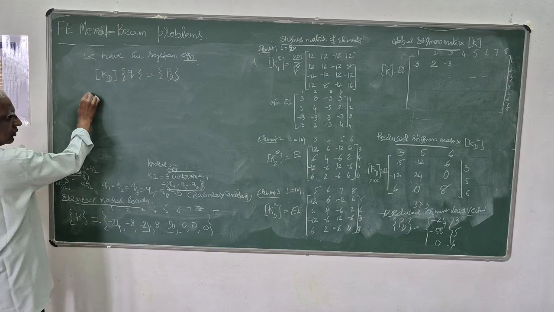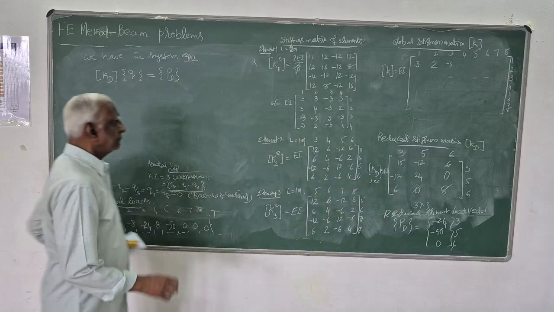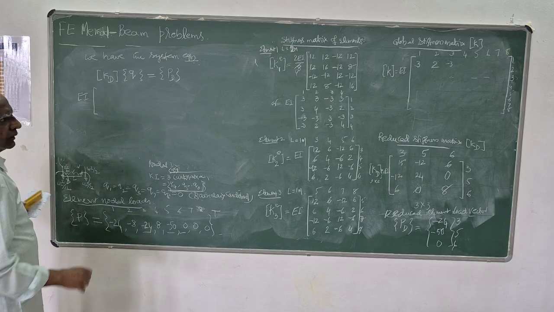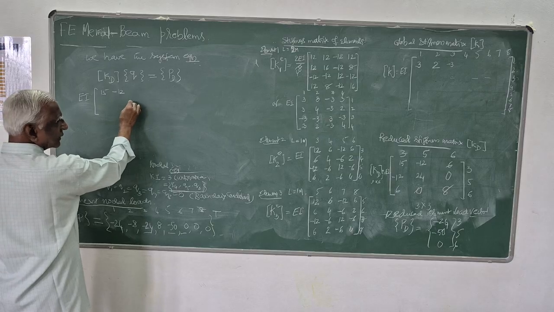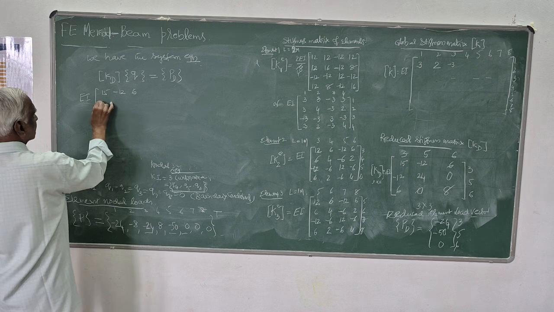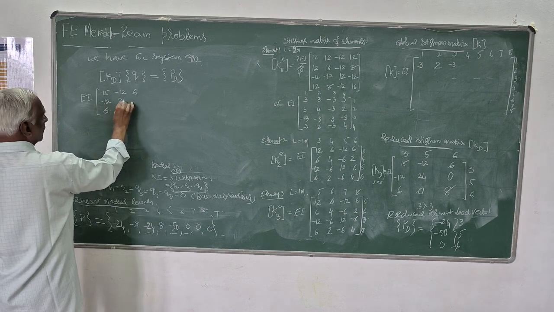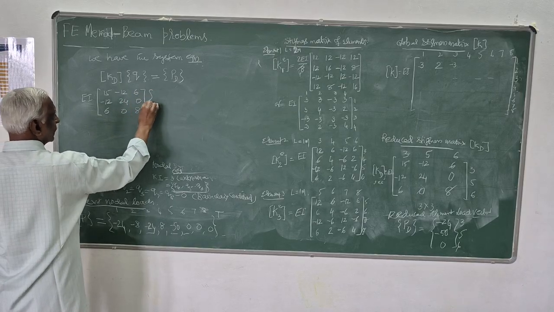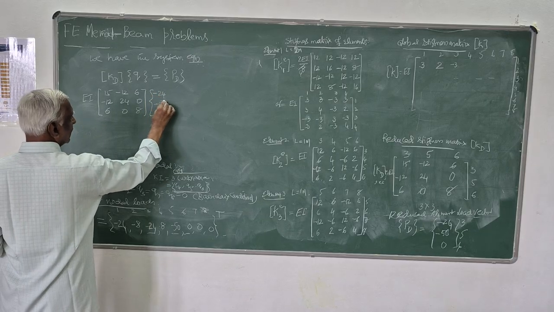So that is therefore KD into 15, minus 10, 6, minus 12, 6, 24, 0, 0, 8 into minus 24, minus 15, 0.